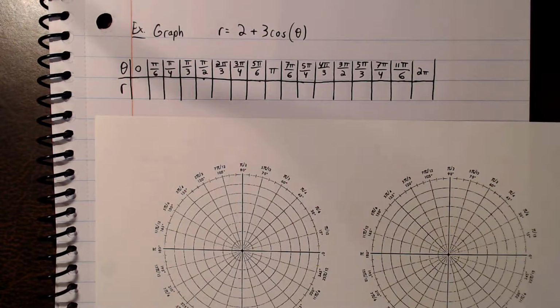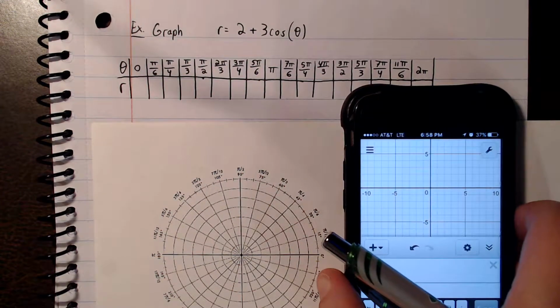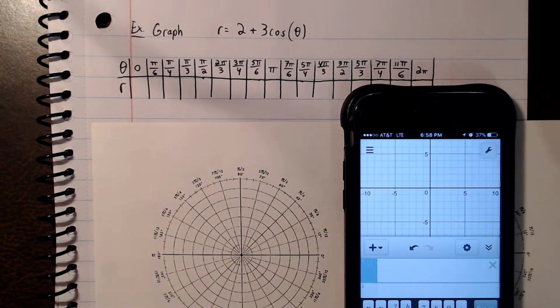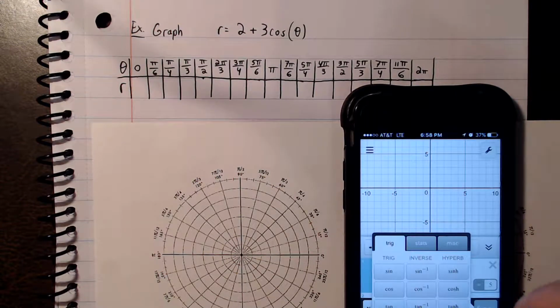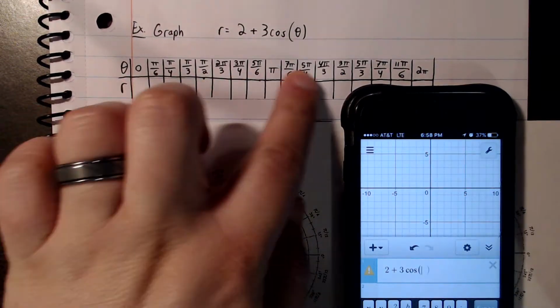So let's open up Desmos on our phones if you're going to be using that program. And we're going to type in the equation that we see here: 2 plus 3 cosine. And we're going to just start punching in all of these values.